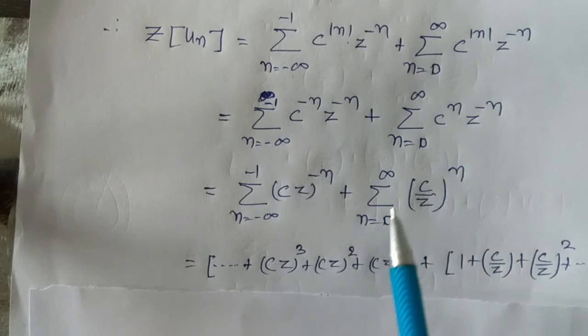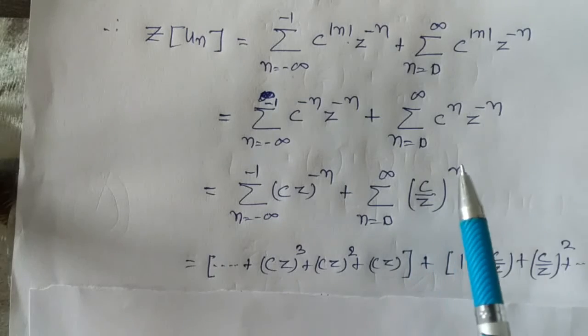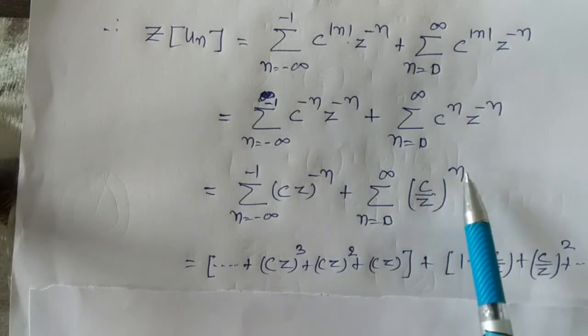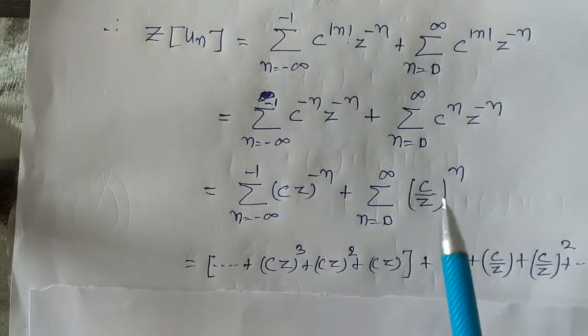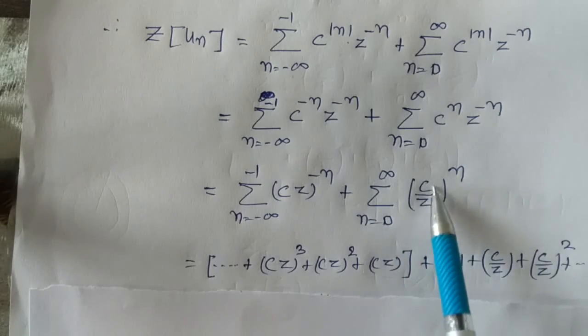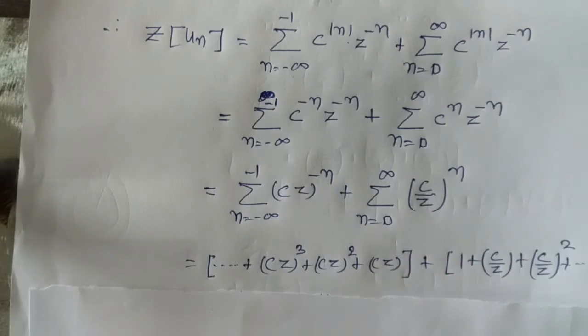Here we put n equal to 0, 1, 2, 3 and so on. So for n equal to 0, c by z power 0 is 1, plus for n equal to 1 we get c by z, plus for n equal to 2 we get c by z whole square, plus so on.